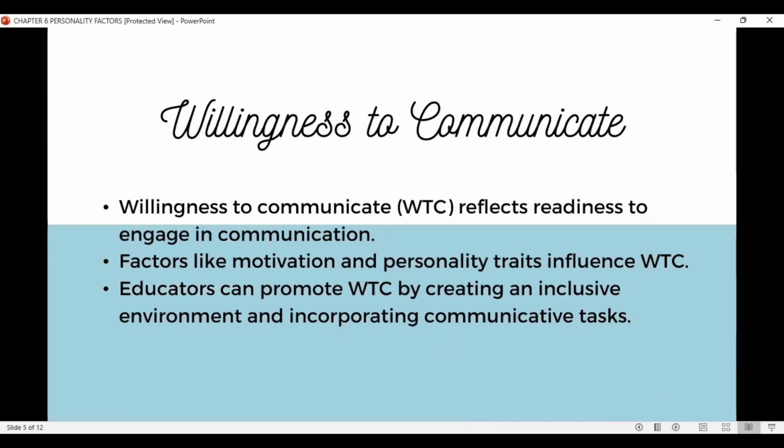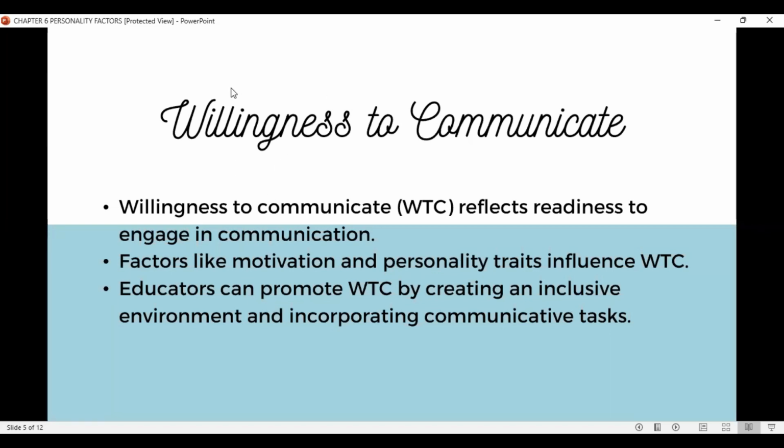Willingness to communicate. Willingness to communicate, or WTC, refers to individuals' readiness to engage in communication. Factors like motivation, personality traits, and cultural backgrounds influence WTC. Understanding students' WTC levels can guide educators in designing language activities that encourage participation and interaction.